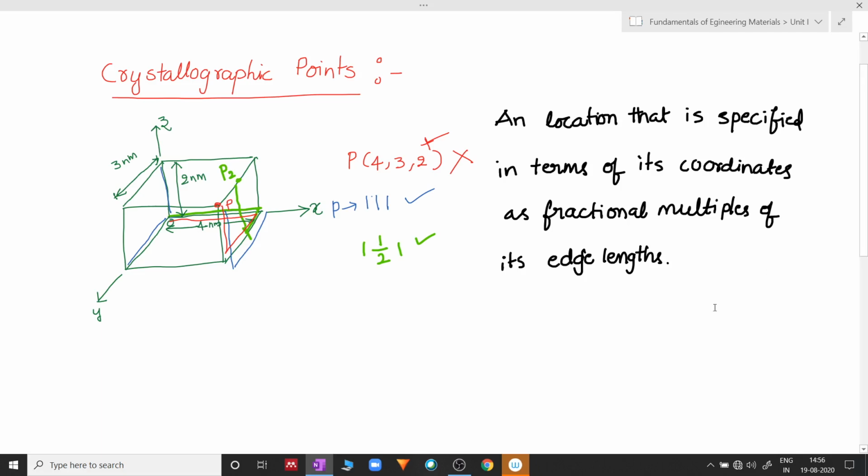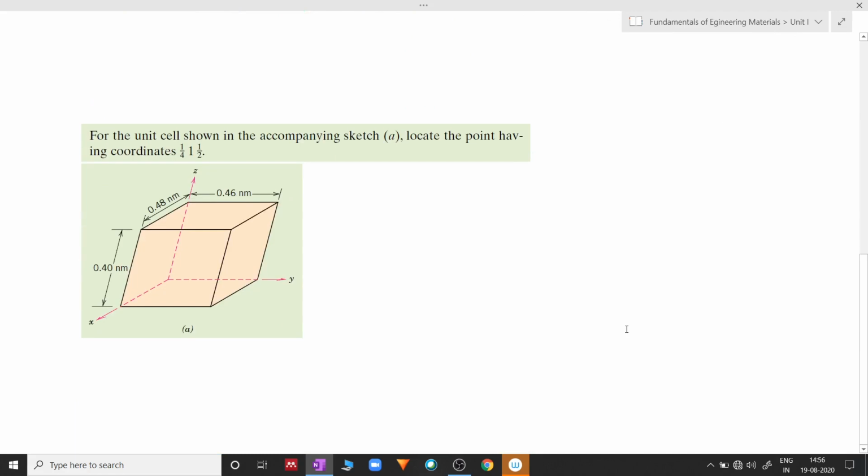Let us do one example, one problem. In this problem, we need to locate this point on this unit cell, this crystallographic point. So how to locate this point? It is given as 1/4, 1, 1/2. It means in the x direction I need to move 1/4th of the edge length.